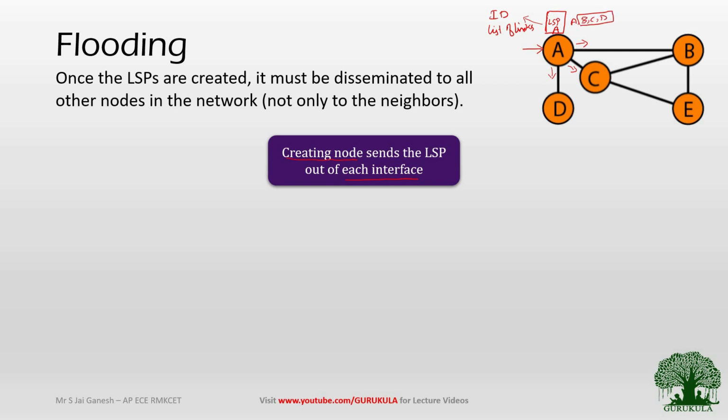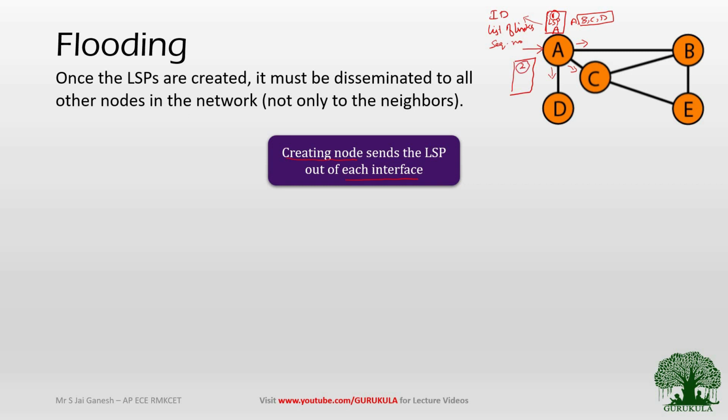The third piece of information is the sequence number. The LSPs will be given some particular number, say 1, 2, 3 or 4, or any sequence number, which will help us to identify the new LSP from the old LSP. For example, if node A creates another LSP packet after there is any modification on the network, the sequence number will be incremented.